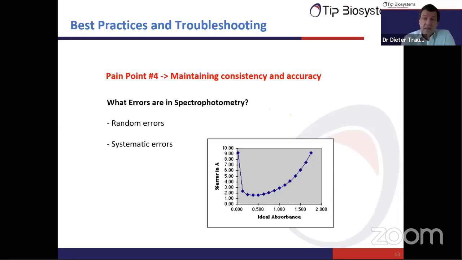Another systematic error is you have just chosen the wrong method, and the wrong method does not correlate with the concentration of your analyte that you are measuring. More systematic errors can arise from pipetting. You use the wrong pipetting volume or something like this, and there are actually many different sources of systematic errors.